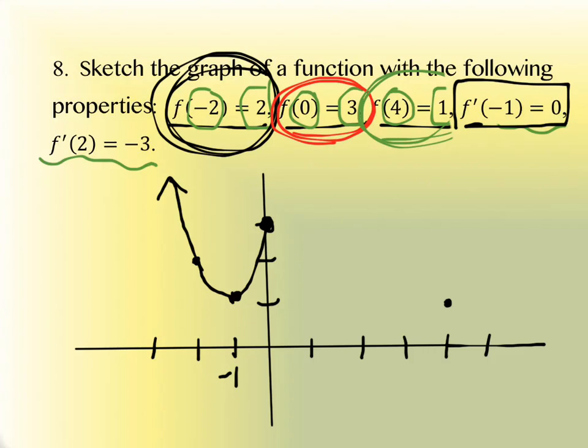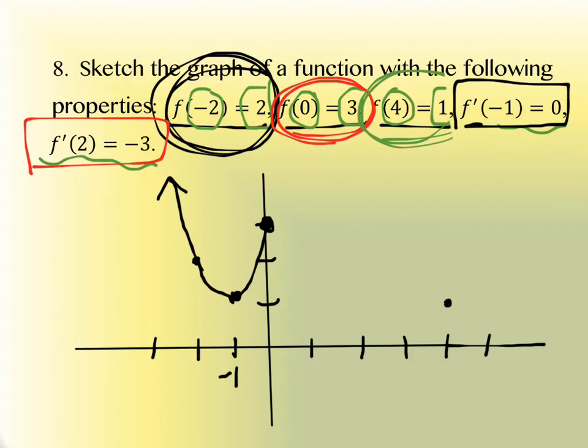All right, the next piece of information tells me that at x equal to 2, I've got a slope of -3. Now, I'm not going to worry too much about whether it's -3, but the fact that it's negative is important. What does the slope being negative at x equal to 2 tell me about the graph?